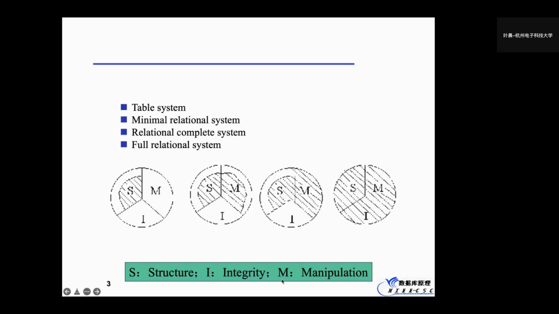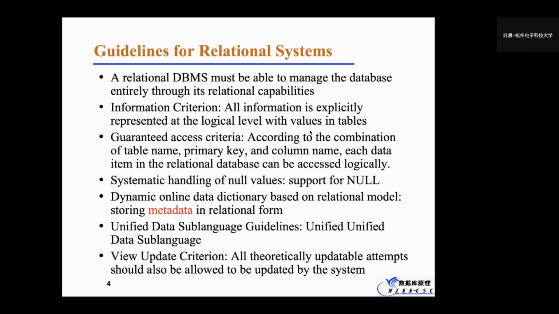And the guidelines for the relational system, including relational DBMS, must be able to manage the database entirely. Its root is relational completeness. The information rule is that all the information is explicitly represented at the logical level with values in tables.